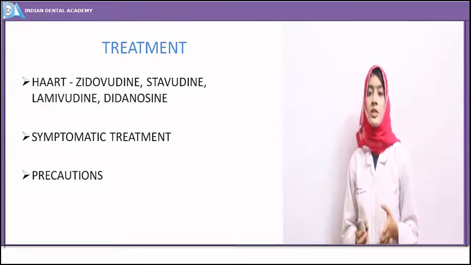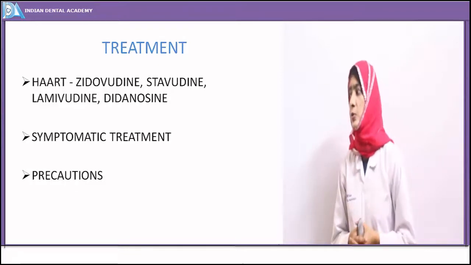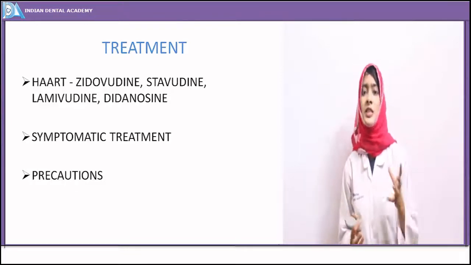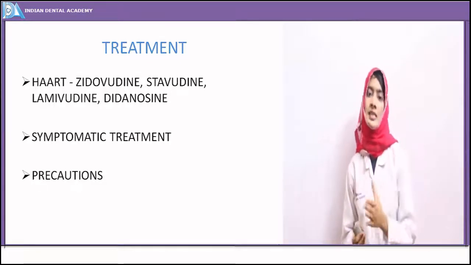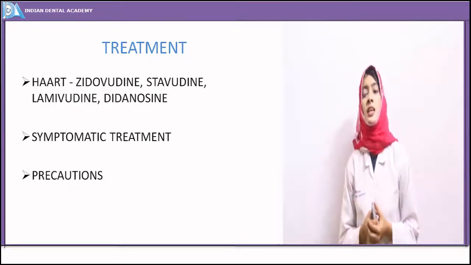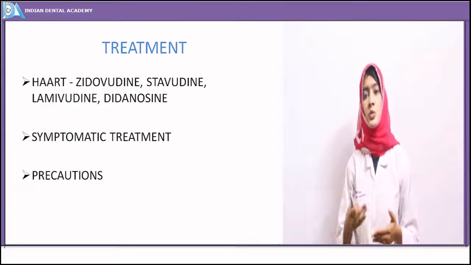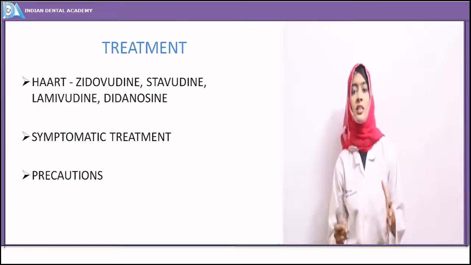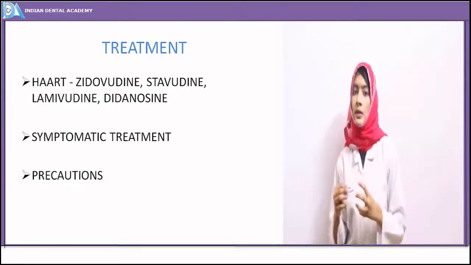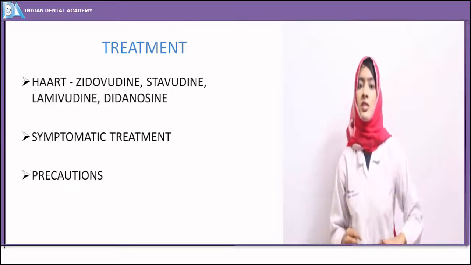And treatment includes the antiretroviral drugs, the zidovudine, stavudine, lamivudine, didanosine. They have to be given at regular intervals and as and when the symptoms arise. And we all know HIV, acquired immunodeficiency syndrome, is a debilitating disease, and once the HIV infection occurs, the lifespan of the individual is reduced because the immune system is affected.